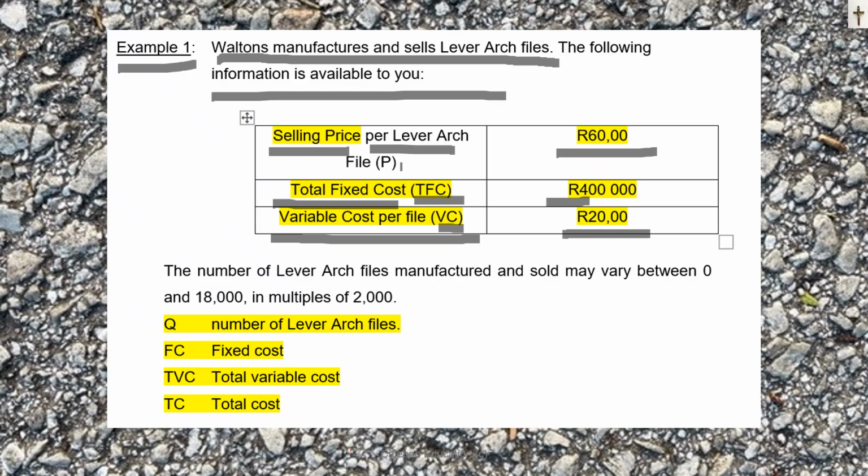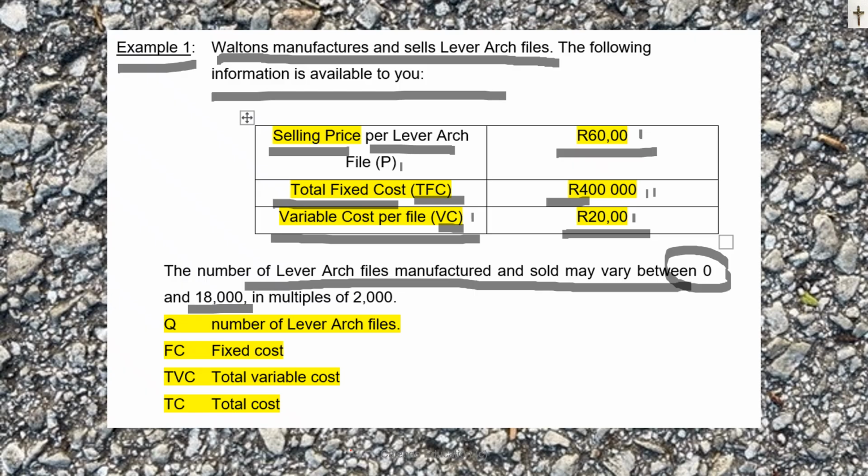So let's just recap: the unit price of a lever arch file is 60 Rand, the total fixed cost is 400,000, and the variable cost per file is 20 Rand. The number of lever arch files manufactured and sold may vary between 0 and 18,000.